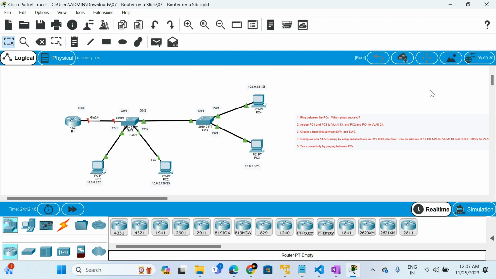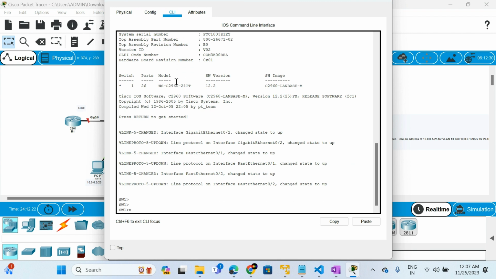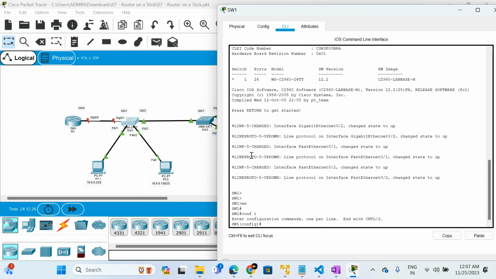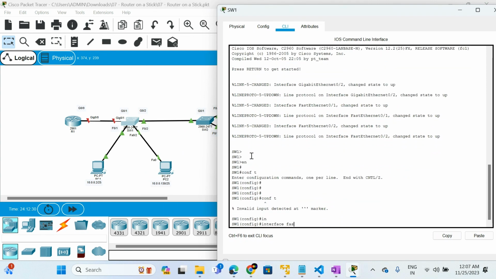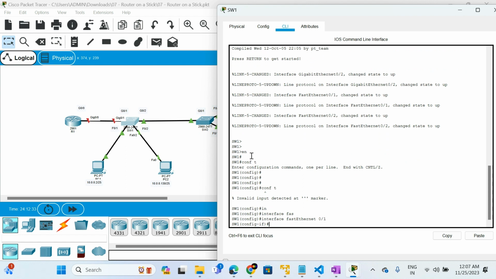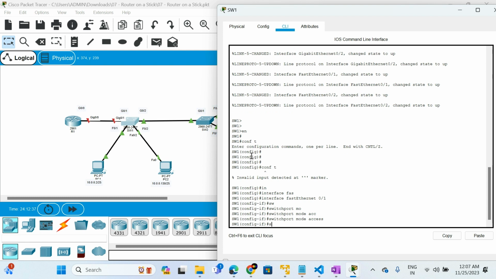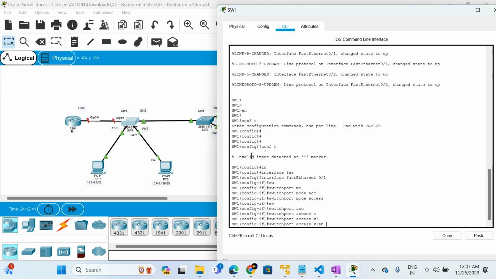Let's quickly see what has to be configured. Going to the CLI: conf t, interface fast ethernet 0/1, switchport mode access, switchport access VLAN 13.